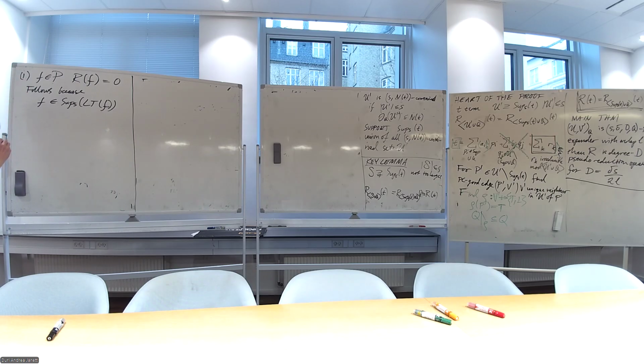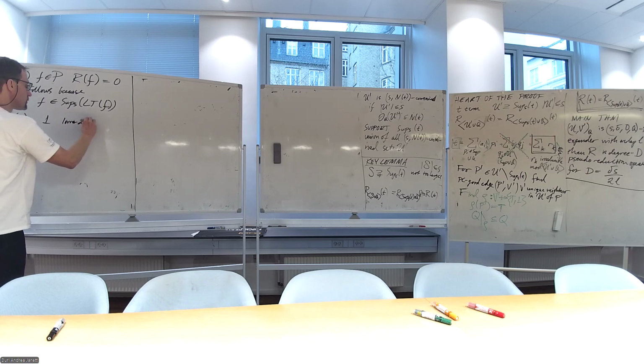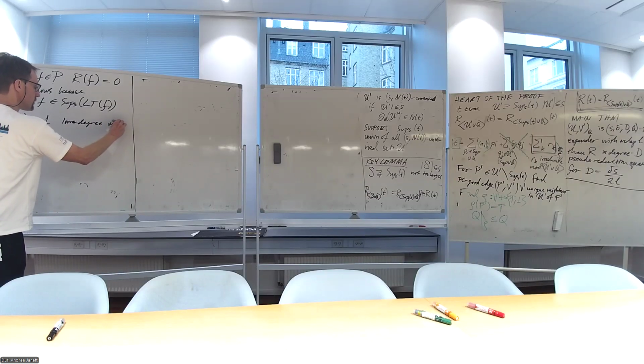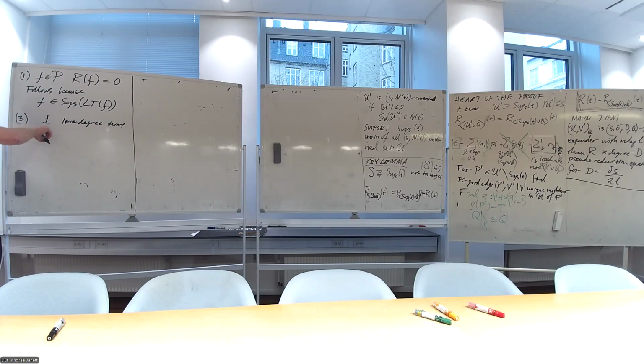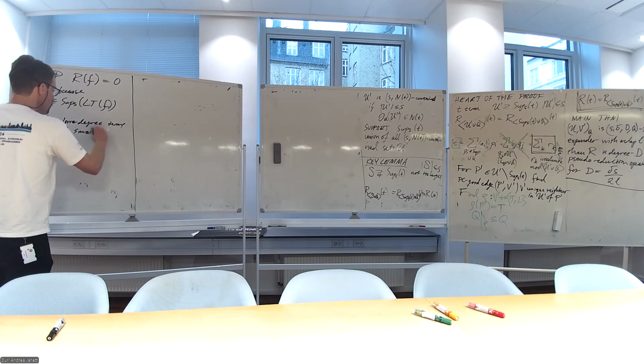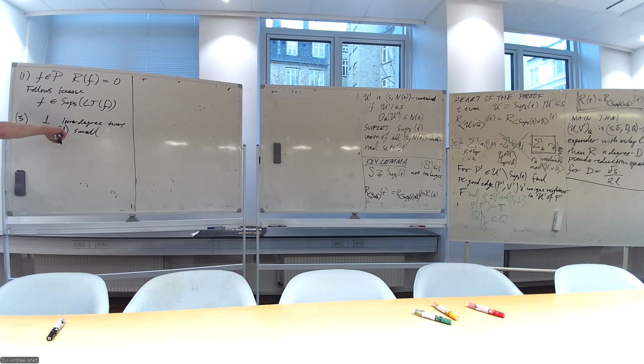Let me now do property 3. We're now going to argue about what happens when the R operator is applied to 1. Note that I claim that 1 is actually a low degree term. You agree that 1 has pretty low degree. Okay. But then we will argue, just as for resolution, where we said that not too wide clauses have small support, that we will have a general theorem saying that low degree terms have small support.